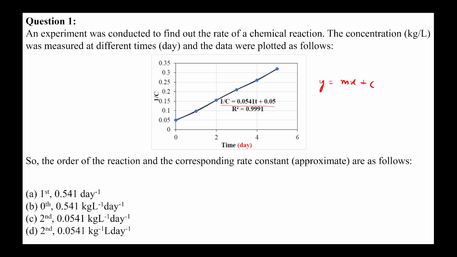So you can see y is 1 by c here. So we have 1 by c equals 0.0541. So this will be the slope. x is t, time, plus we have 0.05, which is the y-intercept. So this is a straight line equation.